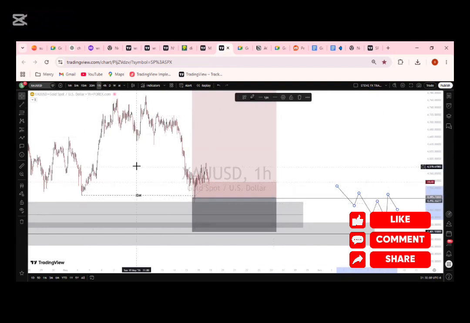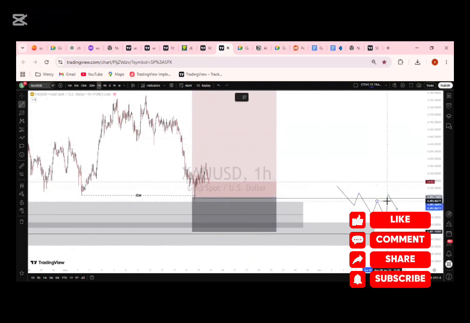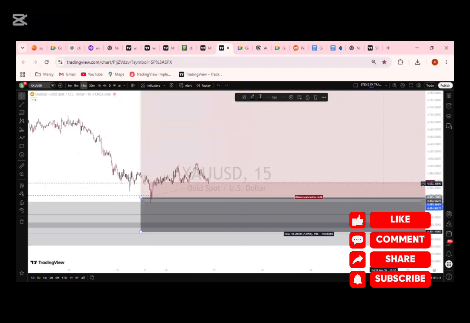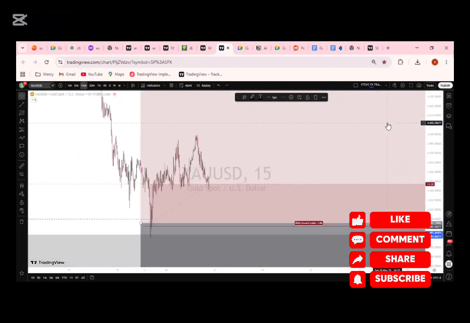That gives us a market structure shift. So from our 1 hour time frame, which is where we identify our refined order block, we can now go to our 15 minutes, which is going to be our execution time frame.